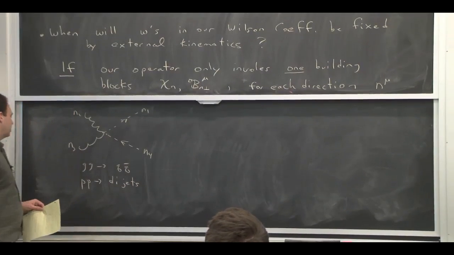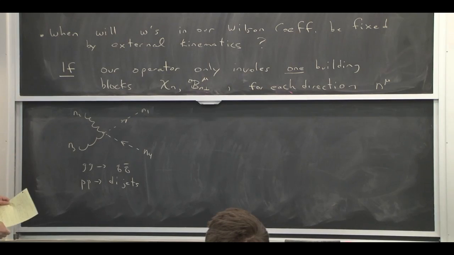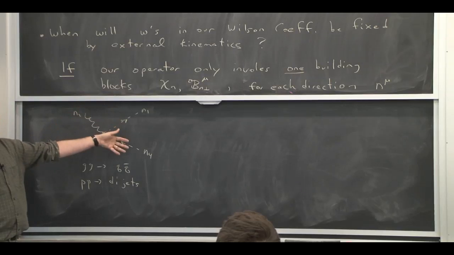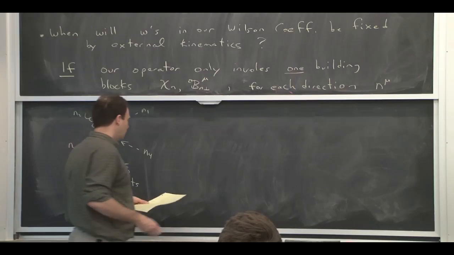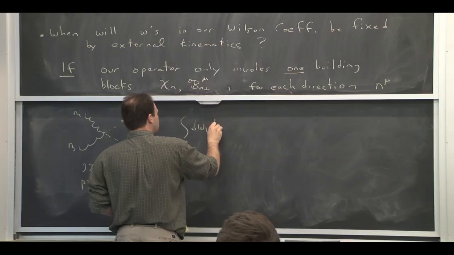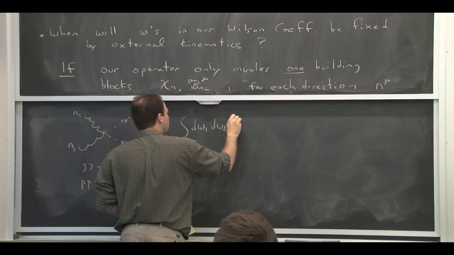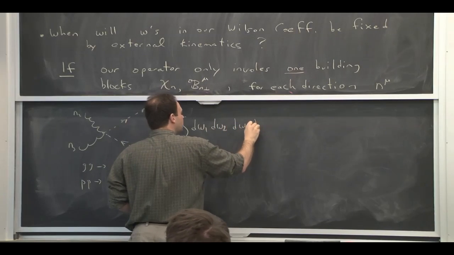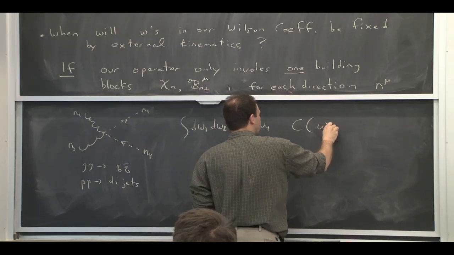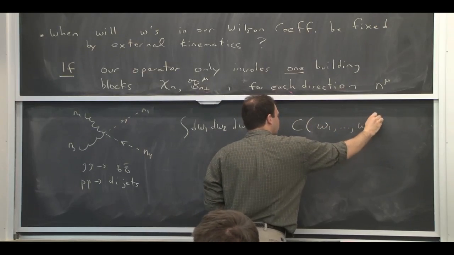As long as those dijets are well separated from the beam axis, which is the case we're interested in, then we have this situation where we have four different n's. And so what kind of operator would you write down for that? Well, you'd have dω1, dω2, dω3, dω4. You'd have a Wilson coefficient that could depend on four different ω's.